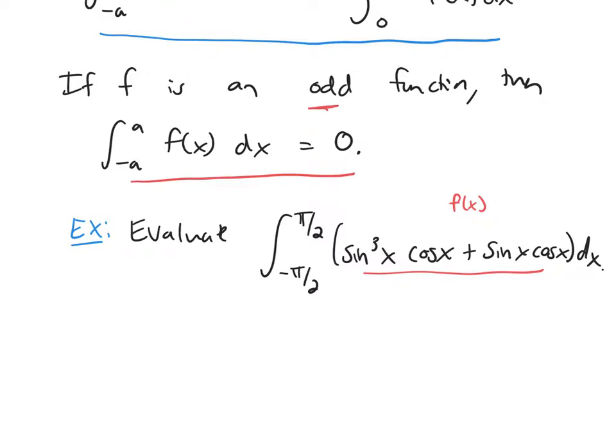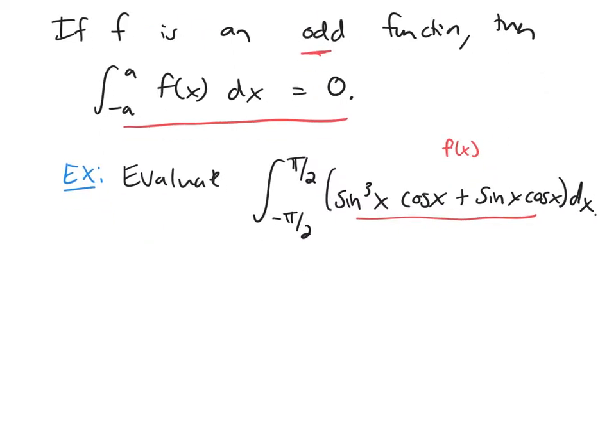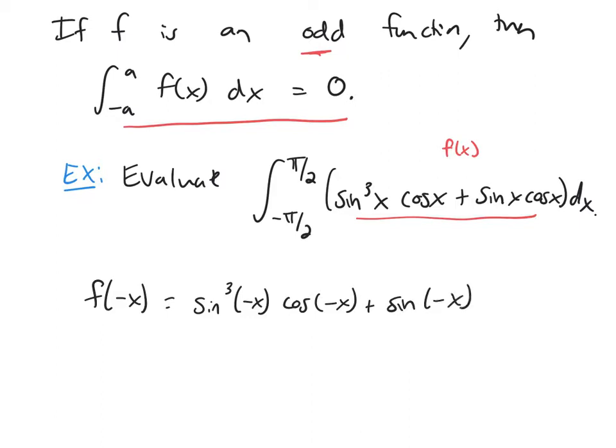We need to decide if this function is even or if it's odd. So it amounts to plugging in a negative in place of x. So here we get sine cubed of negative x, cosine of negative x, plus sine of negative x, cosine of negative x.